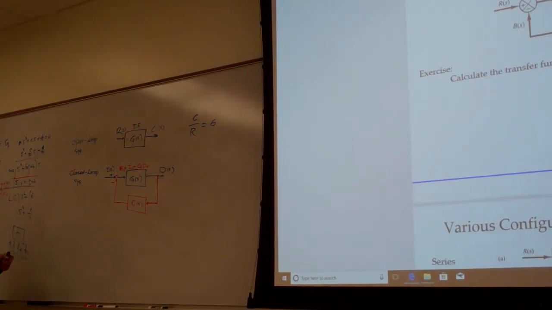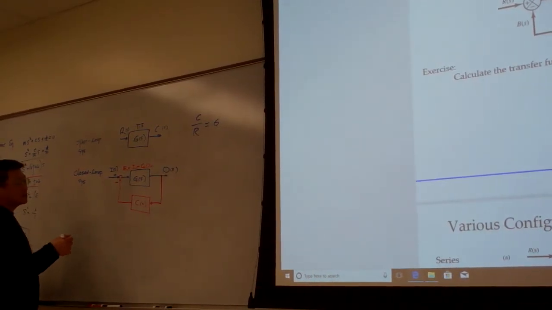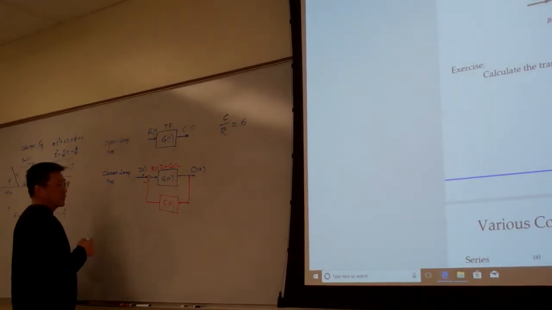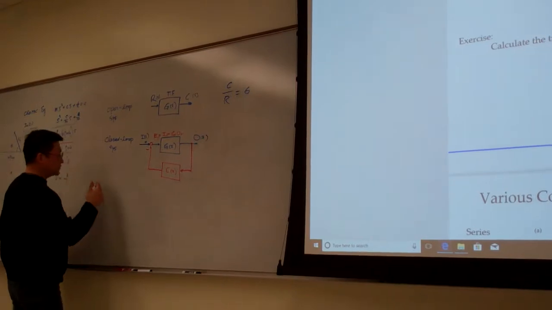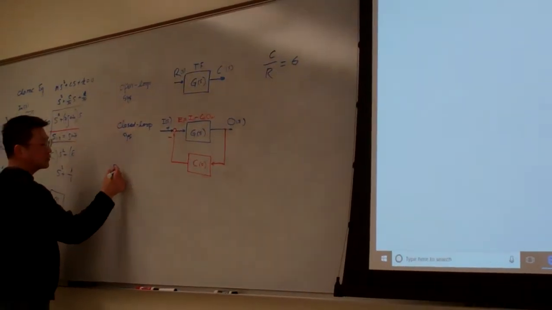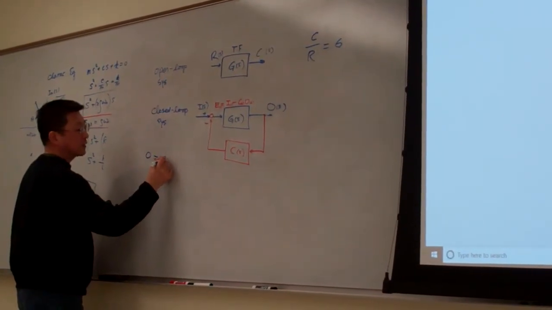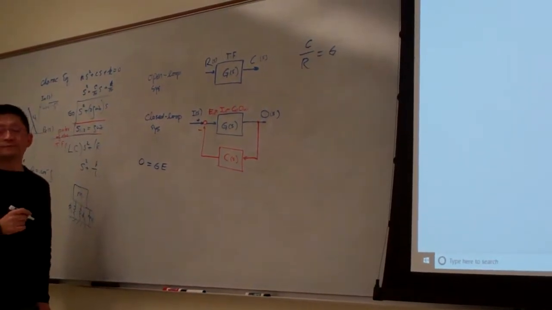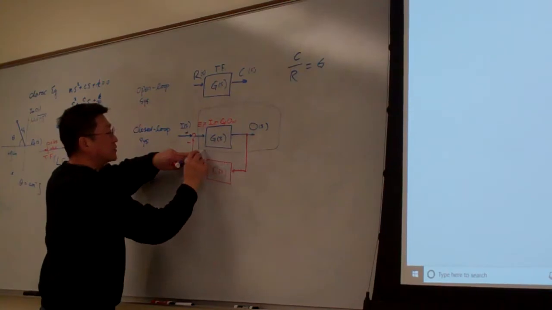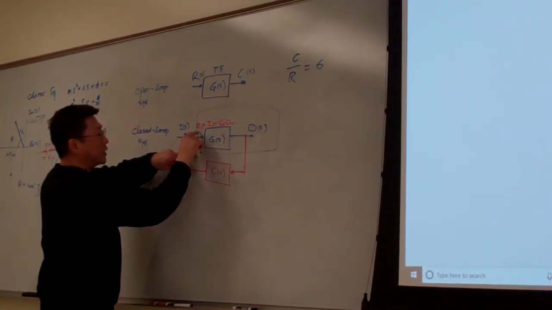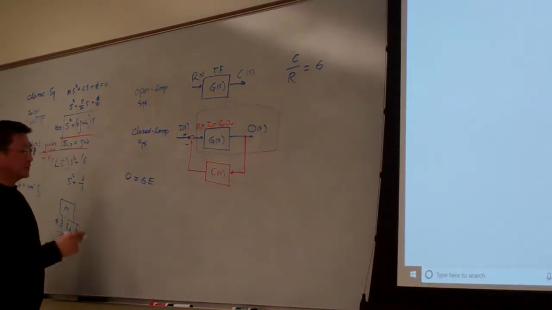For this one, let me stick with the symbols, starting from this block: O equals G times E. We can drop the function of S. We simply look at this block diagram, so reading it, O equals G times E. And what is E?